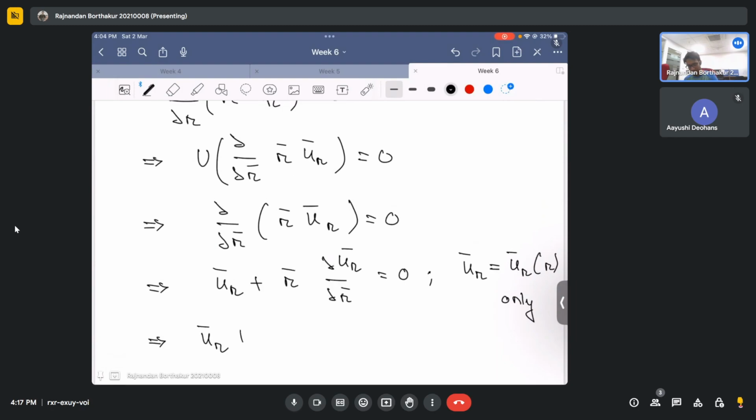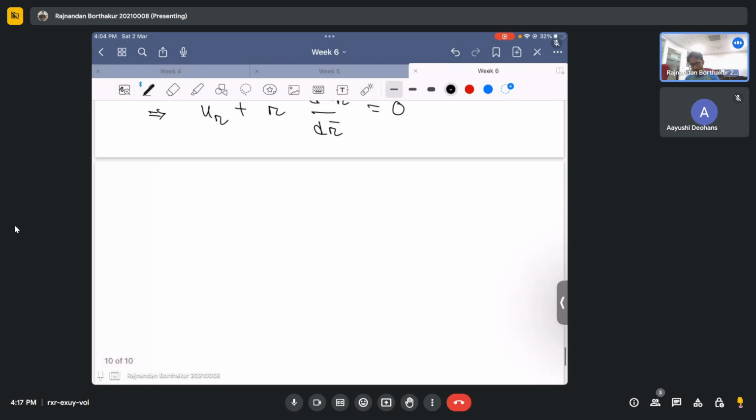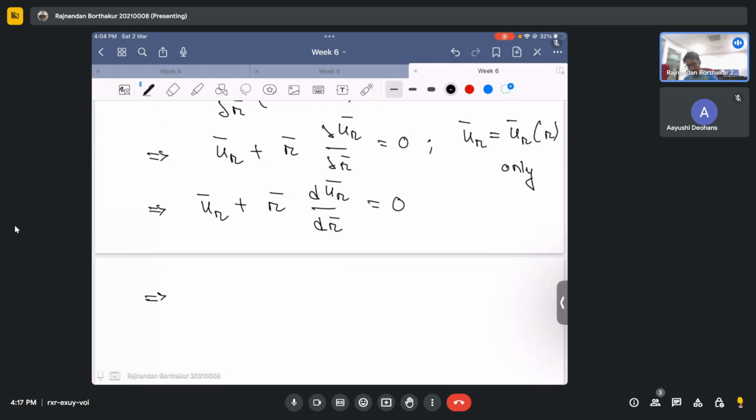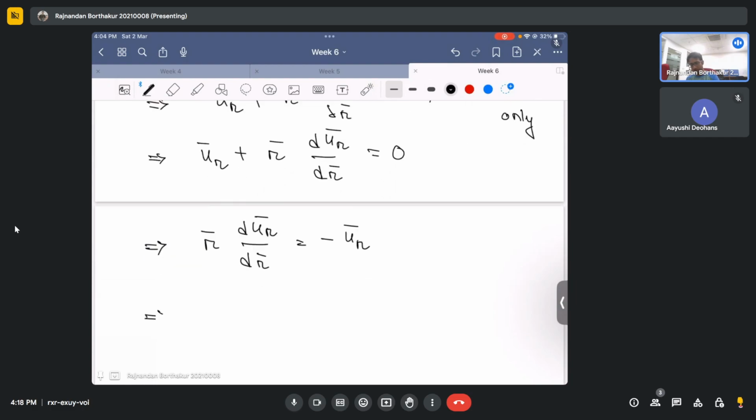So this becomes ur bar plus r bar times d ur bar by dr bar, equal to 0. Okay, so we will bring this term to the other side, which means we get r bar times d ur bar by dr bar equal to minus ur bar.